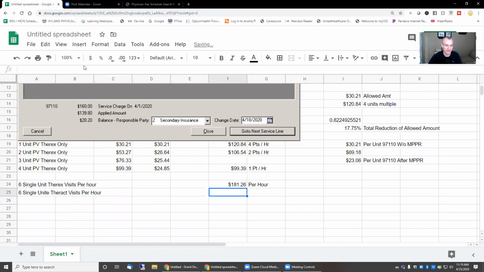Now, I know a lot of you are looking at that and you're like, well, what the heck? Who wants to do that? But I want to expand on this idea just a little bit. So this is dollars. We're going to take this and say this times 6, per hour. And let's say 4 single unit visits per hour.